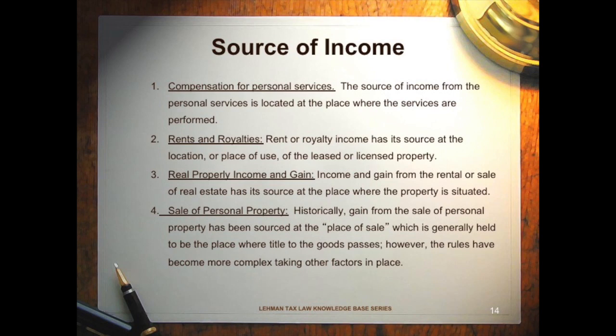Real estate is U.S. source income, whether it's rental income or sale income, if it's situated in the United States. Personal property is typically sourced at the place of sale.